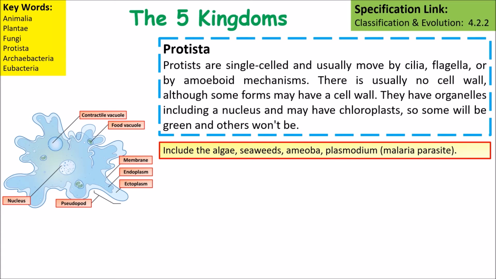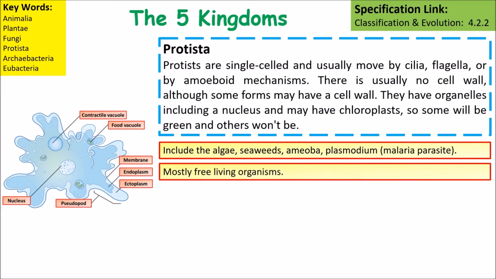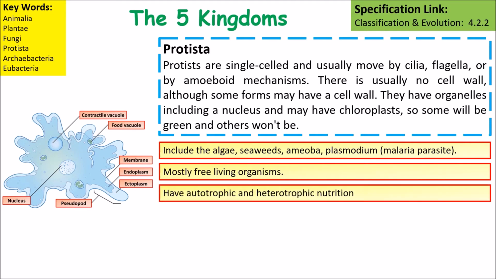They include things like algae, seaweed, amoeba, and plasmodium, which is the malaria parasite. They're mostly free living, which means that they can live out in the world by themselves. They have autotrophic and heterotrophic nutrition.